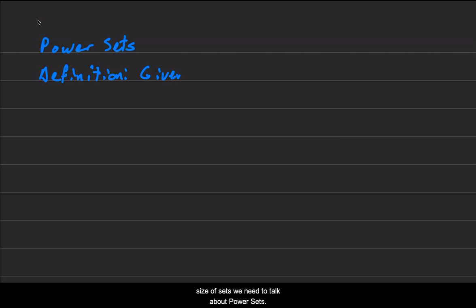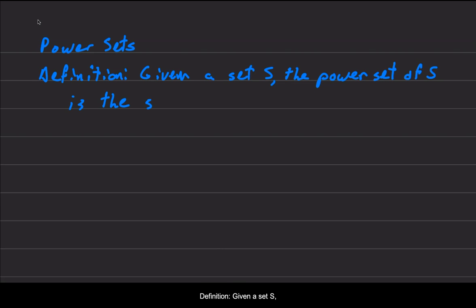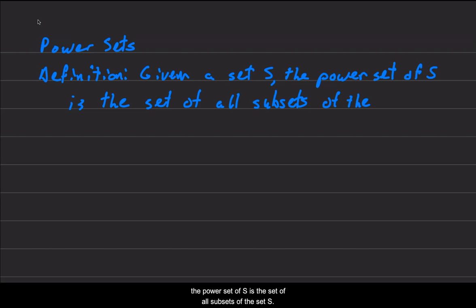Given a set S, the power set of S is the set of all subsets of the set S. So this is the set of all subsets.